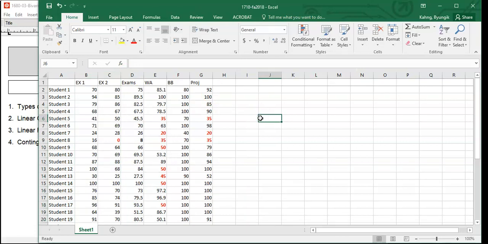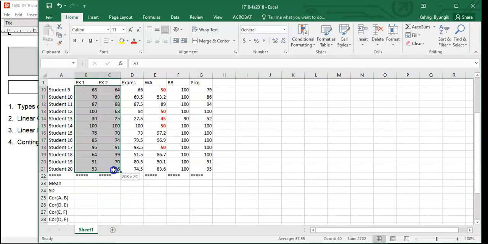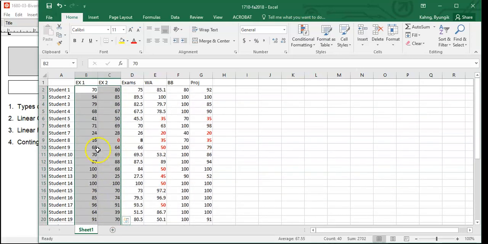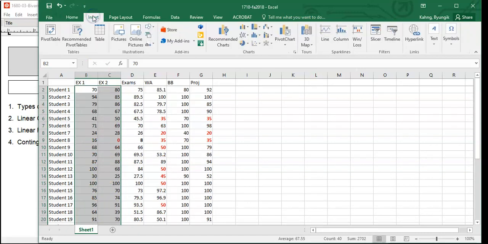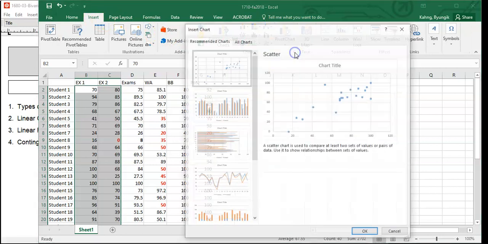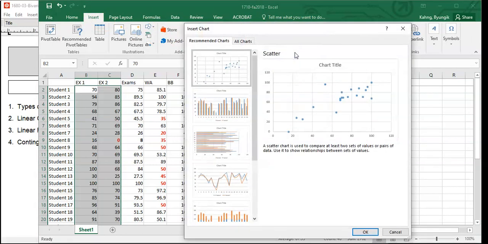So we're producing a chart. In that case, before selecting a cell, we have to select the data set first. So use your mouse to select these two, exam 1 and exam 2. Okay, and then go to Insert, select Charts. And recommended chart, okay, MS Excel is recommending the proper chart, the scatter plot.